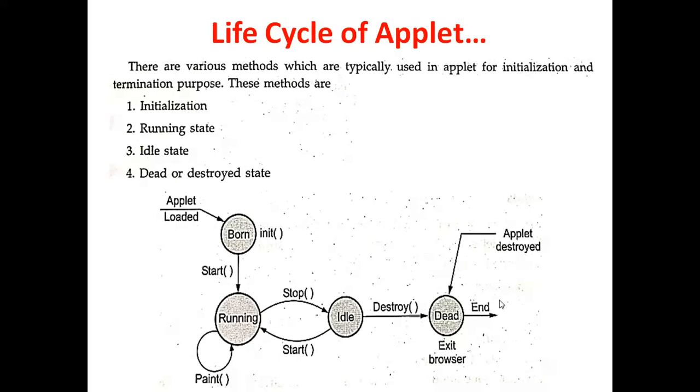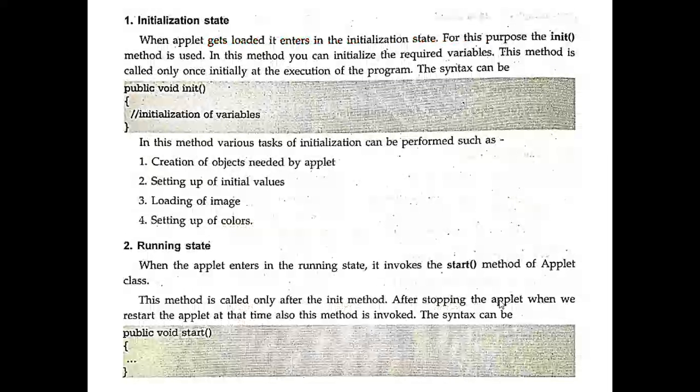That is the initialization state, when an applet gets loaded it enters into the initialization state. For this purpose, the init method is used. In this method, we can initialize the required variables. This method is called only once, initially at the execution of the program, and its syntax is shown below, that is public void init.